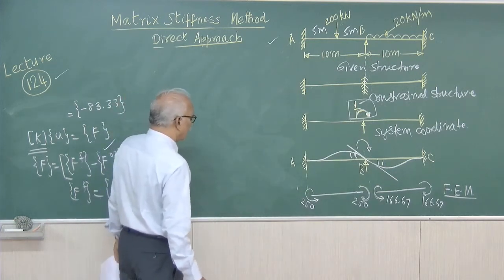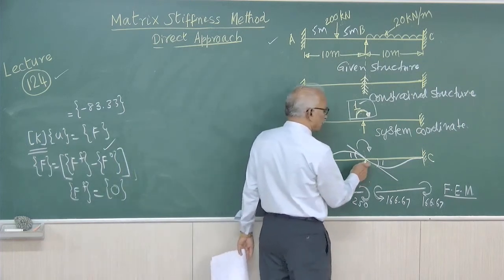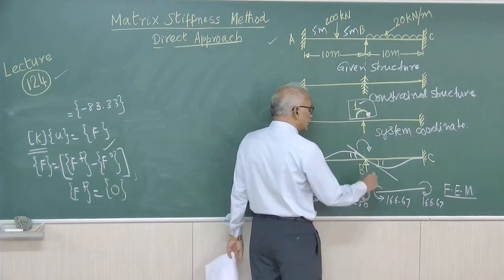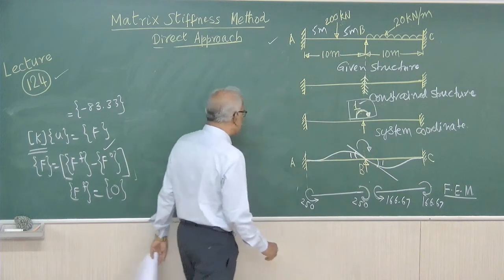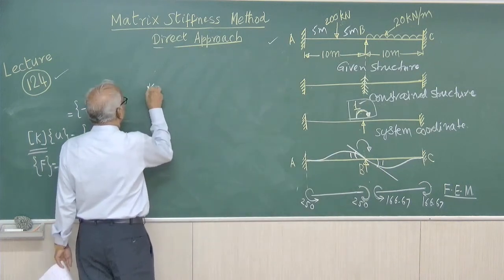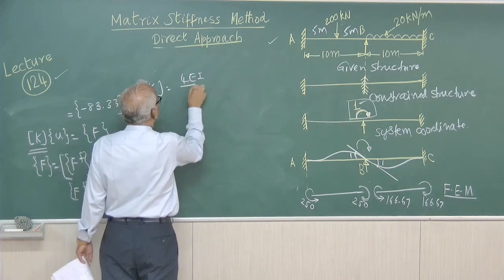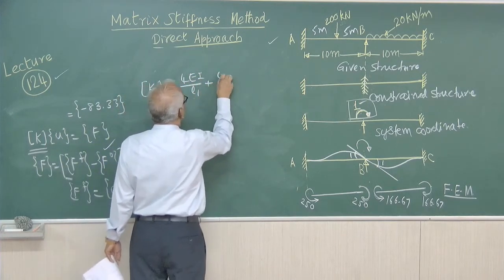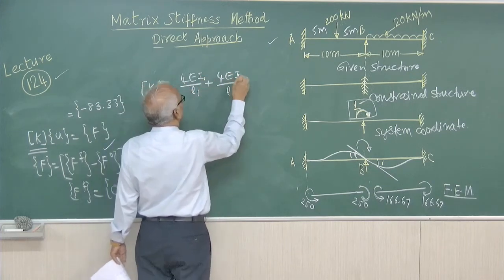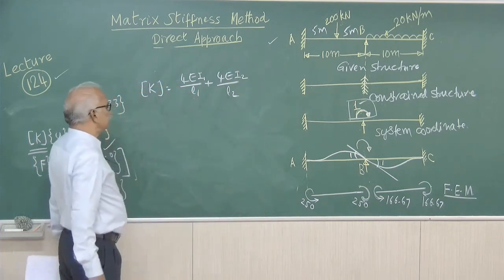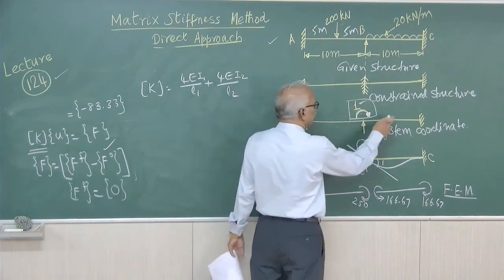Now, for the beam, we know when one end is simply supported and the other is fixed, the moment required for causing unit rotation is 4EI by L. So, K equals 4EI1 by L1 plus 4EI2 by L2. There may be a change in the value of I, this may be I, this may be 2I.